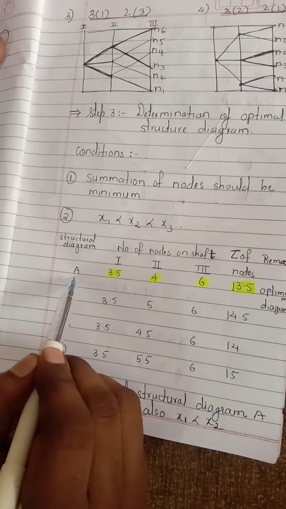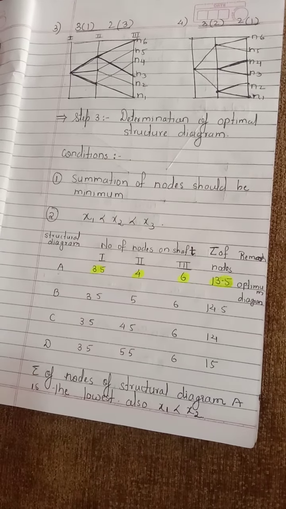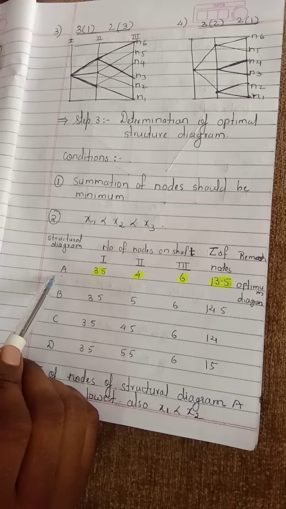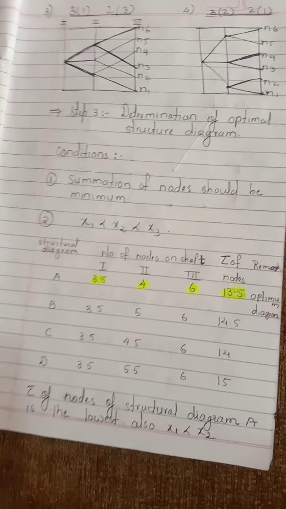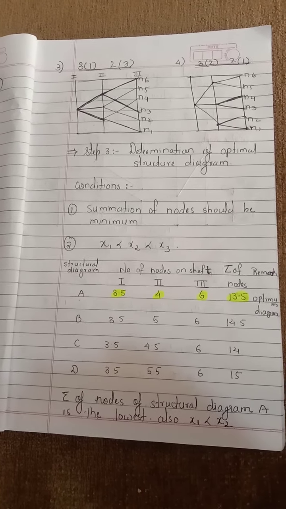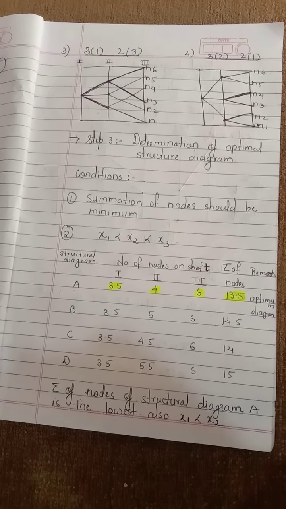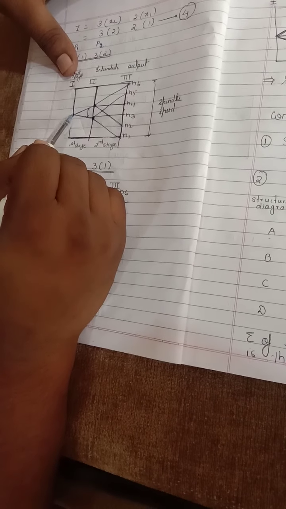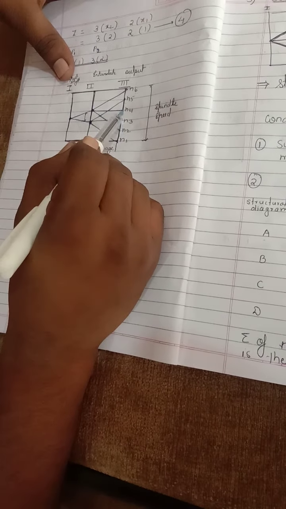First we will be checking with structural diagram first, which I have noted over here as A. See here, this is your first shaft. Here you can have your first node. The first node is between 3 and 4, so that's why we have written 3.5.